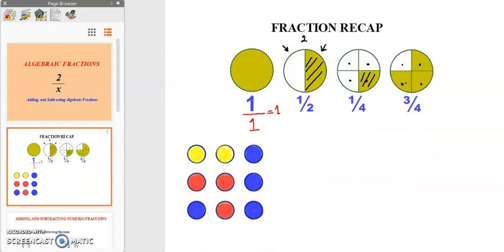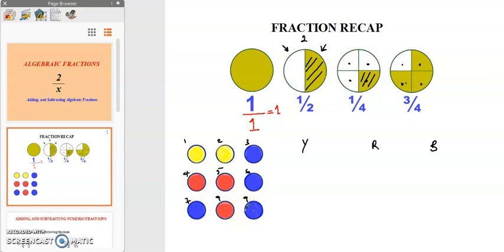And let's look at these colored circles down here. We have yellow, red, and blue. Let me have Y for yellow, R for red, and B for blue. If we explode these, and I ask you to represent each color as a fraction of the whole, we have 1, 2, 3, 4, 5, 6, 7, 8, 9.